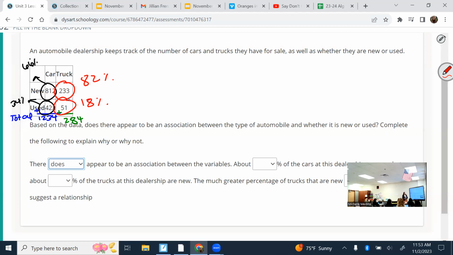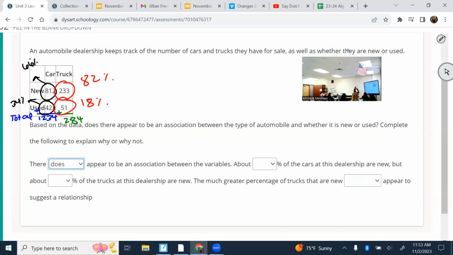Okay, so about the length of the cars at this dealership are new. What percent of the cars are new at the dealership? 56. But about the length of the trucks at the dealership are new. 82.